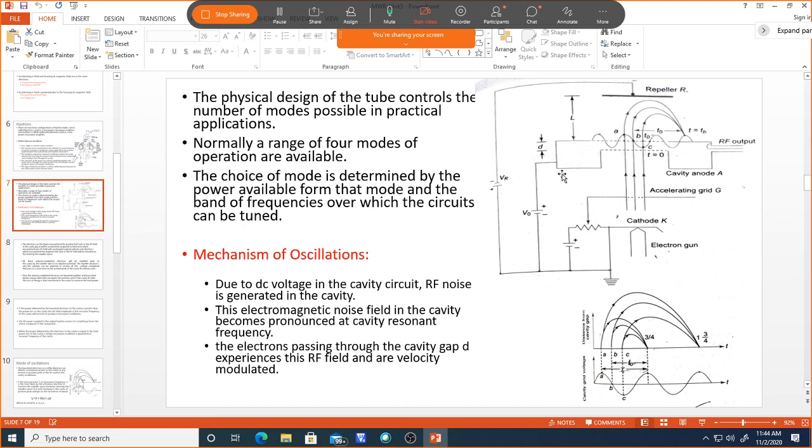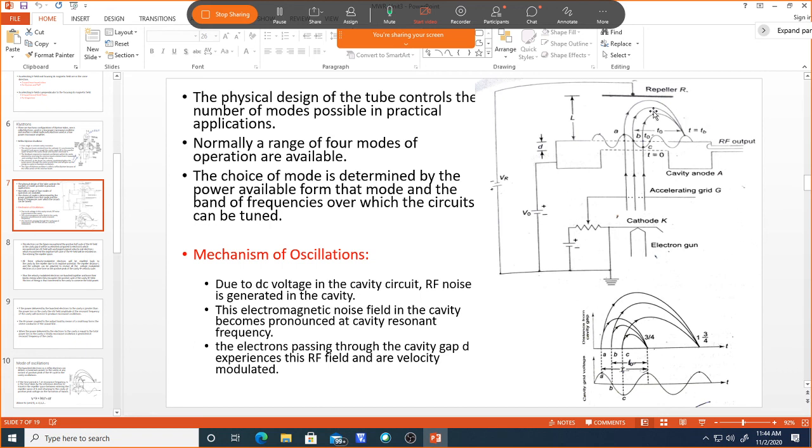As I said here, electron beam generation, velocity modulation, density modulation, collection of energy at the cavity, and the transfer of the bunched electrons' energy to the cavity, all this process in the reflex klystron takes place separately, right? In some other tubes it will happen simultaneously, which is called a traveling wave tube, and that will be discussed later.